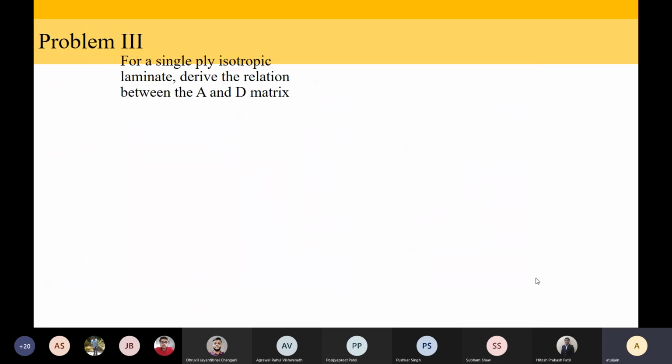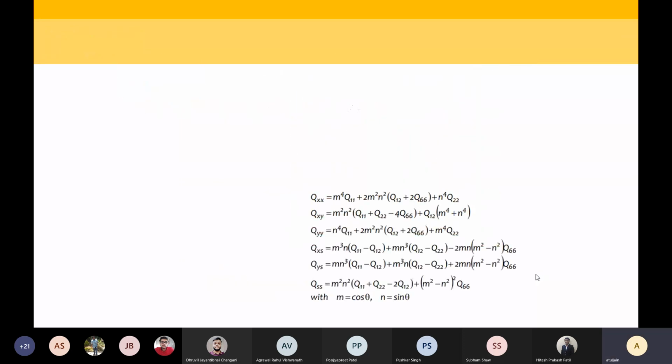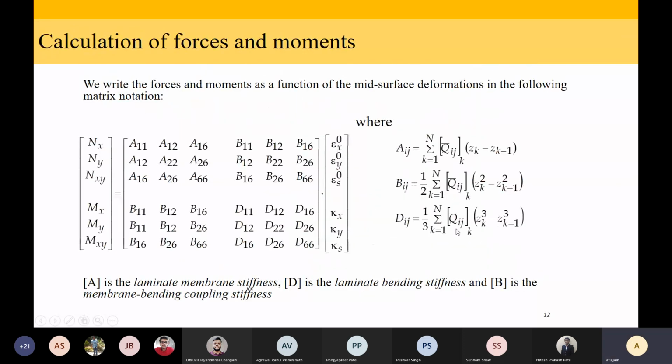So the next problem is, for a single ply isotropic laminate, derive the relationship between A and D matrix. You only have one ply. Let's go to our definition of A. So keep this definition in mind. For a single ply, what is the relationship between A and D?